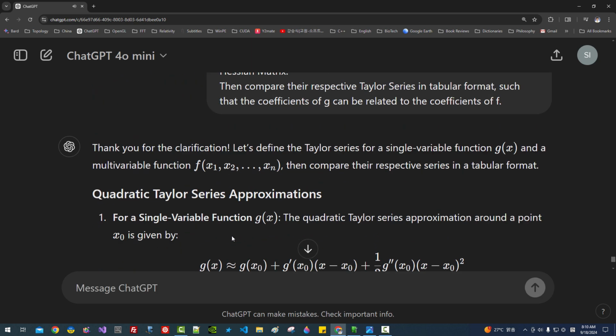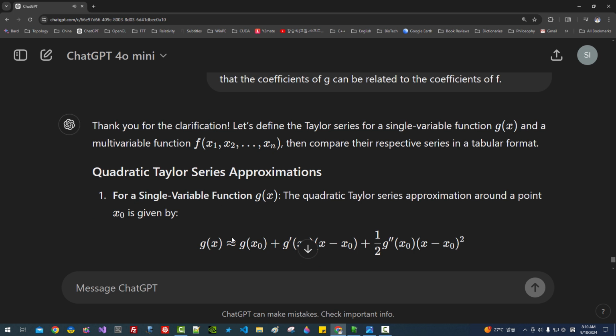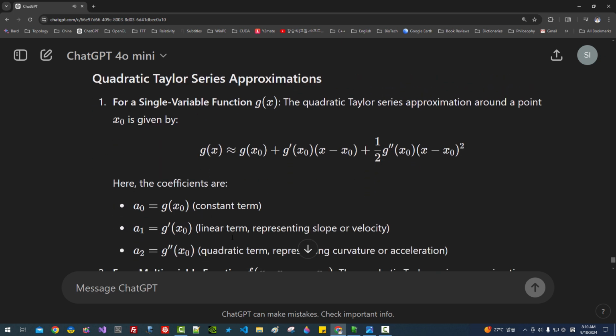Thank you for the clarification. To define the Taylor series for a single variable function g of x and a multivariable function f of x1, x2, ..., xn, then compare their respective series in a tabular format. Quadratic Taylor series approximations. 1.